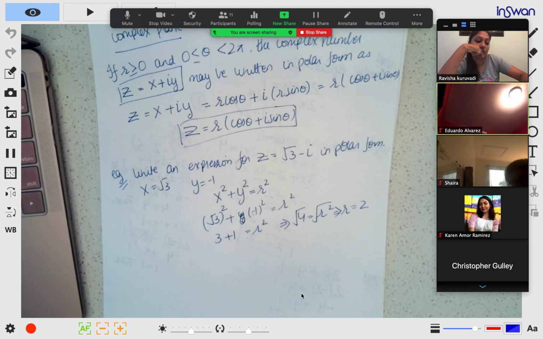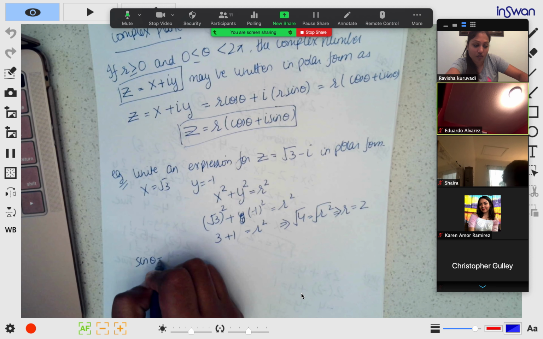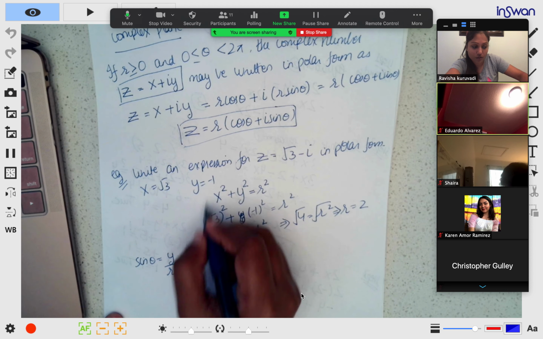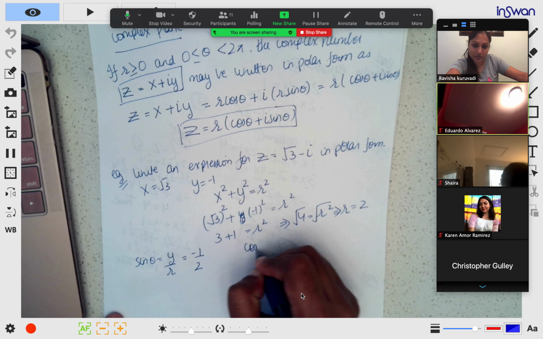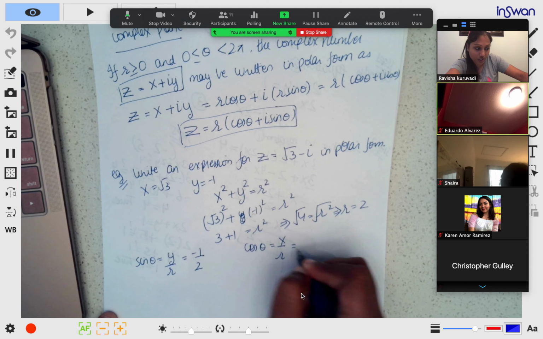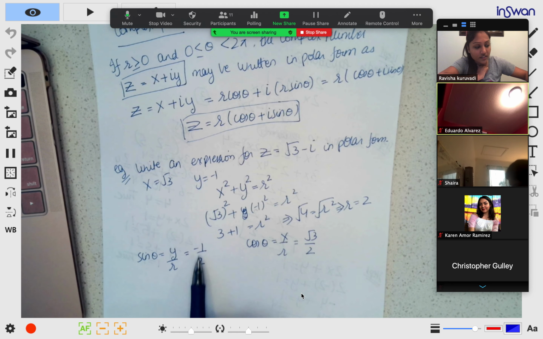So sine theta, the formula is y over r, which is equal to -1 over 2. Cosine theta is basically x over r, which is root 3 over 2. Can anyone tell me for what value of theta is my sine -1 over 2 and cosine root 3 over 2?